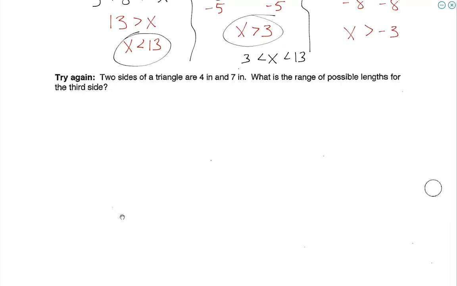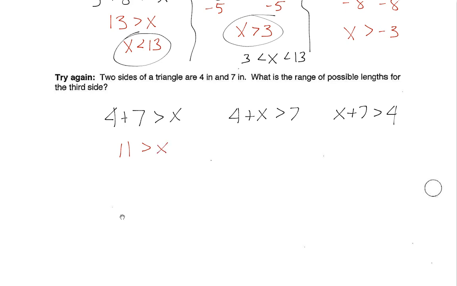And let's look at this bottom one here. So we have 4 plus 7 has to be greater than x. 4 plus x has to be greater than 7. And then x plus 7 has to be greater than 4. So 11 has to be greater than x.